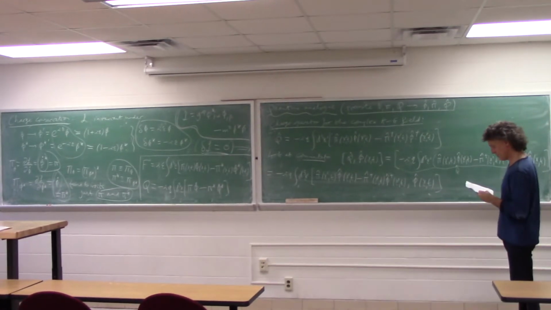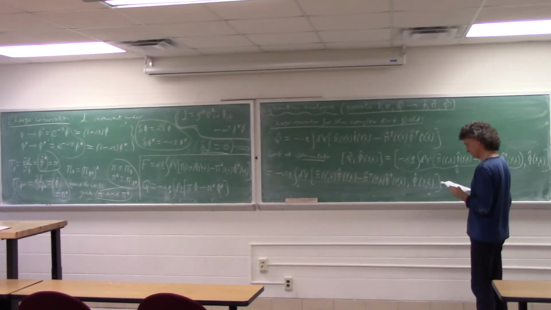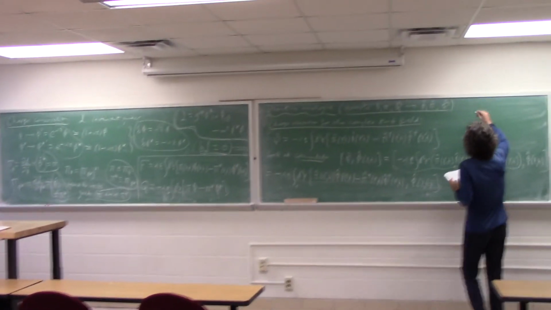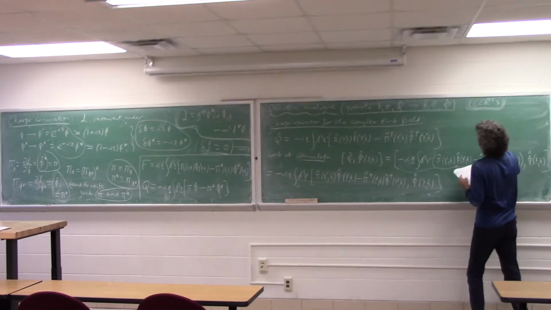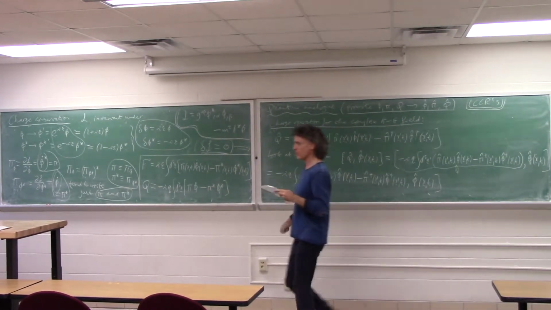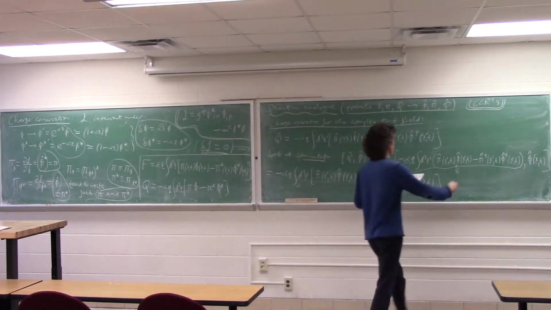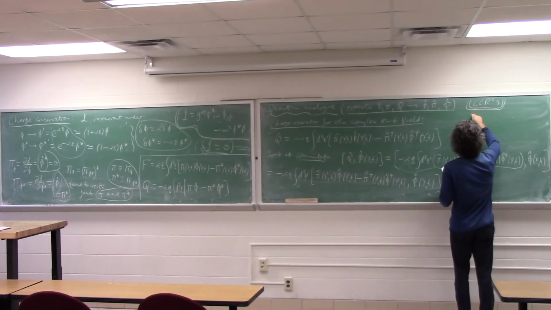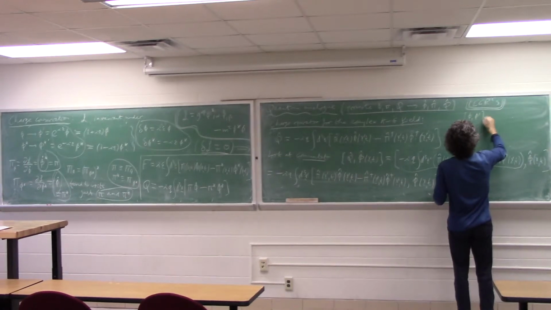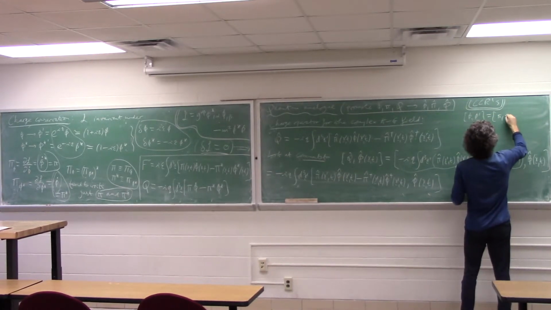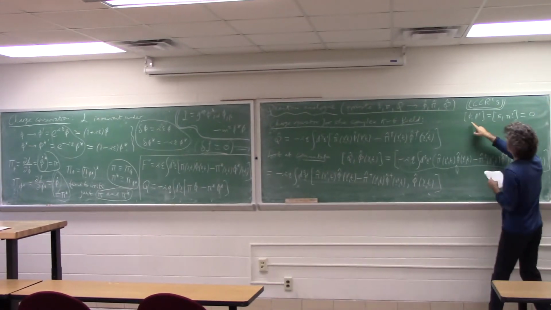Now, remember the canonical commutation relations for the complex Klein-Gordon field. Let me write it schematically.